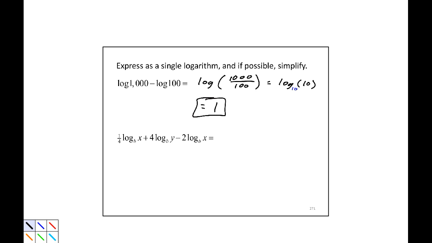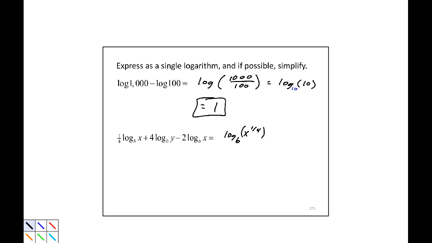Second question, we have 1/4 log base b of x plus 4 log base b of y minus 2 log base b of x. Now, when we're condensing, we want to begin with the power rule and then sort of work backwards. So 1/4 log base b of x would be written as log base b of x to the 1/4, which is the fourth root.